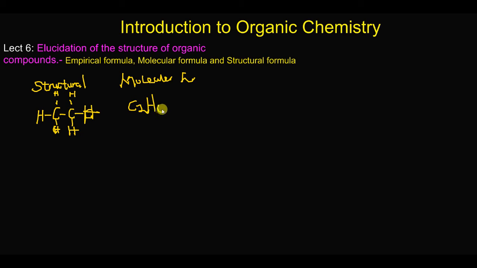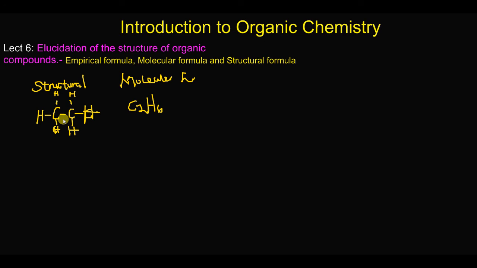Have you gotten that? A structural formula will not just give you the raw numbers of atoms of the elements. It tells us how each of the atoms is arranged around each other.